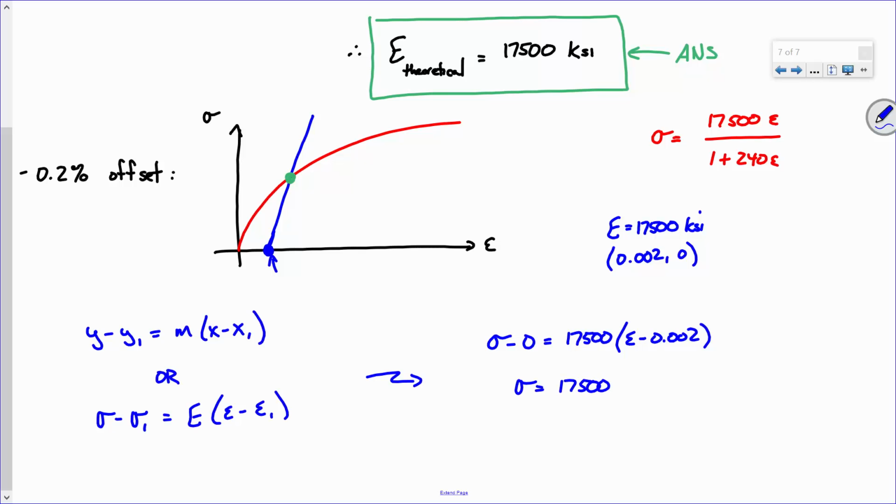All right, and help me out. What is that? 17,500 times 0.002. See, I'm making y'all say it again. 35? 35.